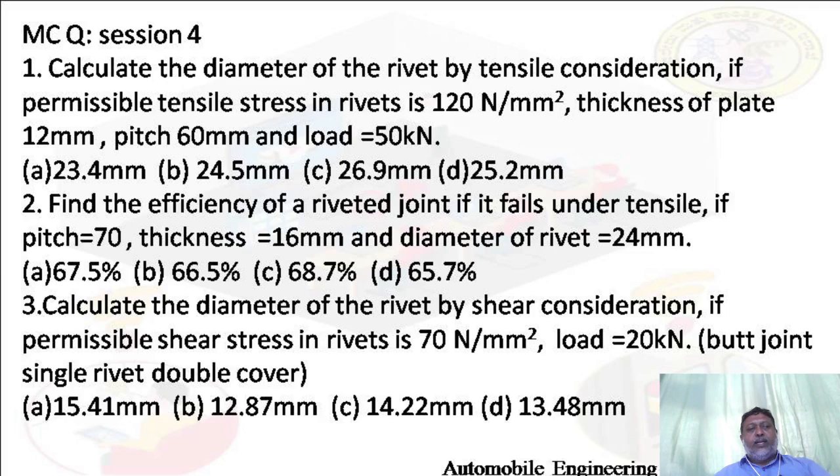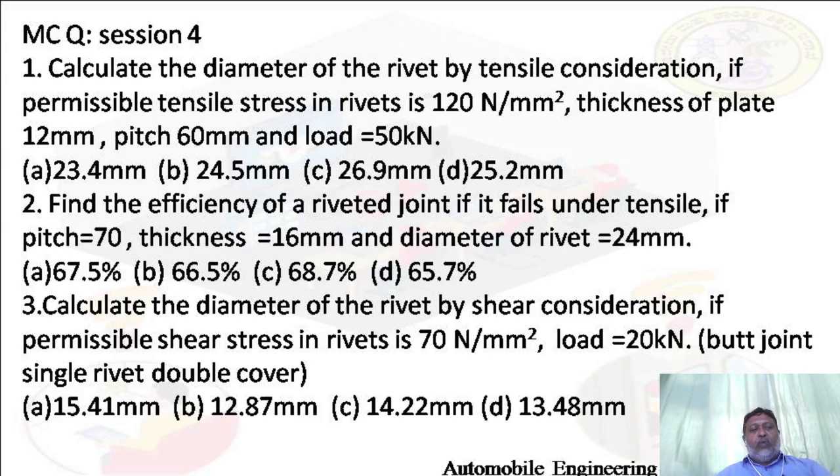You just calculate it, because he has asked to calculate the diameter under tensile consideration. Pitch is given, thickness is given, and load is given. That load will be equal to P minus D into T into sigma T. We will get the correct answer out of these 4. Okay, we just go through it. It is homework for you people.